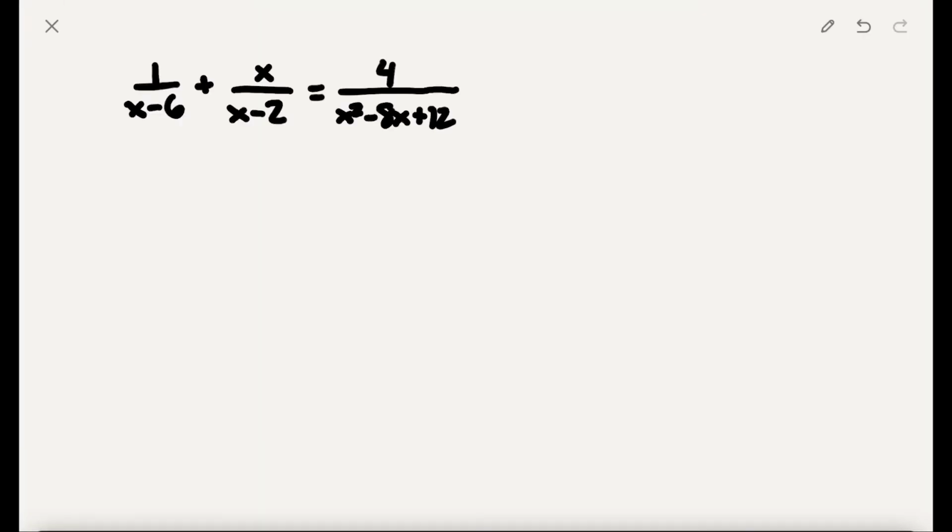All right, for this one, I'm going to factor everything. Well, first, let's figure out which ones cannot be values for x. So x cannot be equal to 6, x cannot be equal to 2, and this one right here we would have to factor out, and it factors out to x minus 6 and x minus 2.